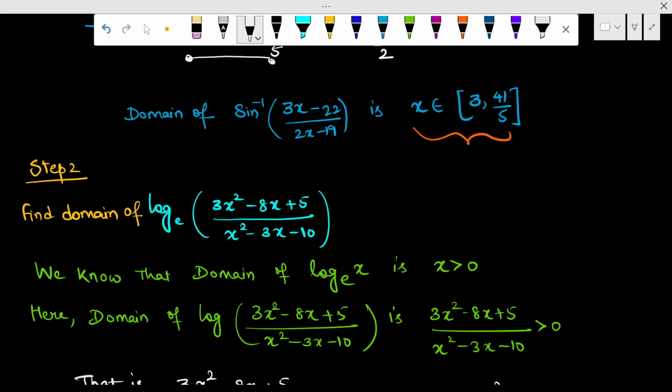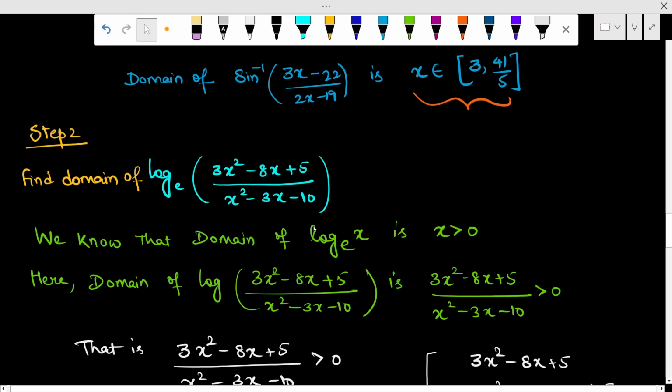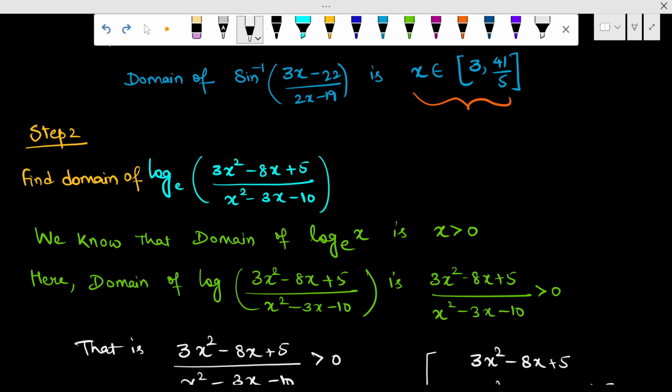So first we need to find the domain of log of this function. We know that the domain of log x is x greater than 0, right? So the domain of log of (3x square minus 8x plus 5) by (x square minus 3x minus 10) is, this quantity should be greater than 0.